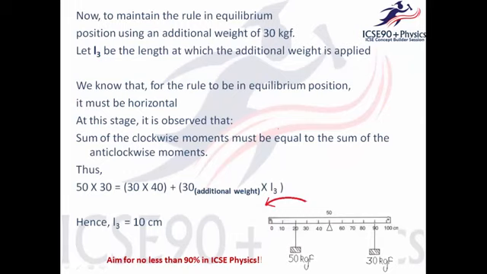Obviously, in this case, if the forces are greater on this side, as a result of which the rule is getting tilted in an anti-clockwise direction, we will need to add another weight on the right hand side so as to balance out the rule by adding a greater force in the clockwise direction. And thus, to maintain the rule in equilibrium using an additional weight of 30 kgf, let L3 be the length at which the additional weight is applied.